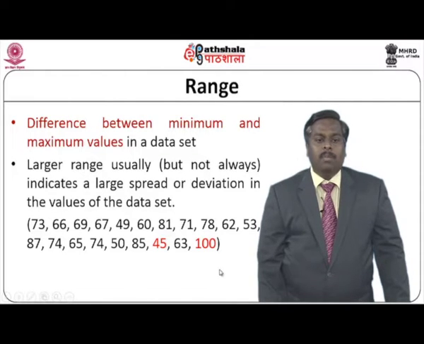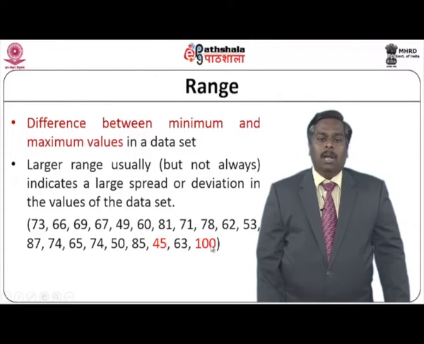Given this set of numbers, we can find the minimum and maximum value. In this set, 45 is the minimum value and 100 is the maximum value. The difference between the minimum and maximum value is called the range. So, 100 minus 45, which is 55, is the range of the given data set.